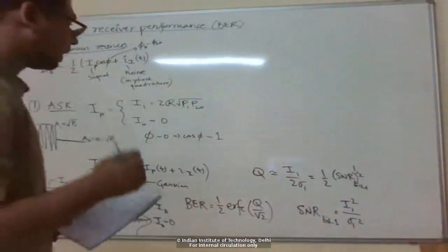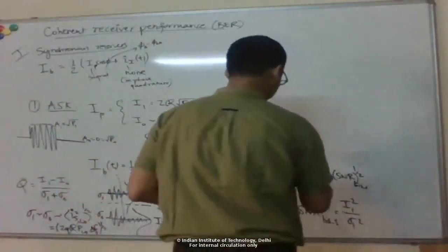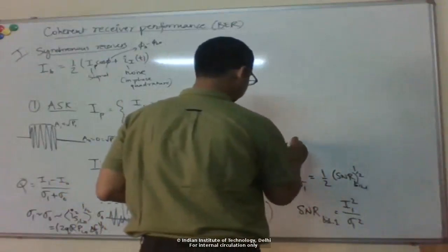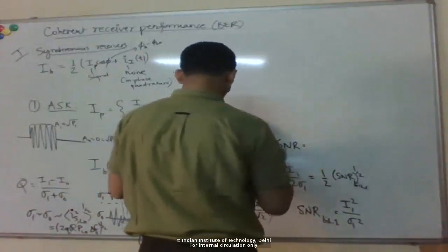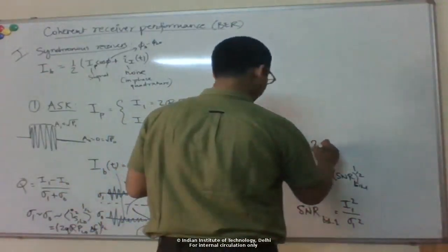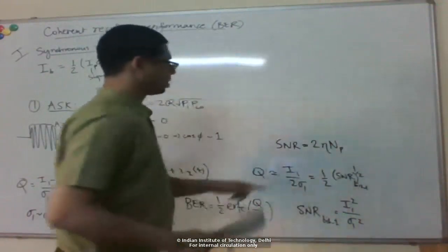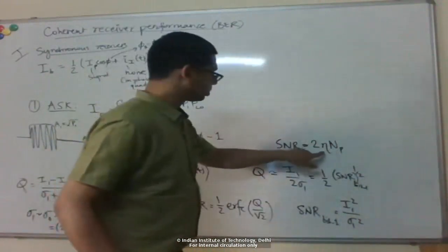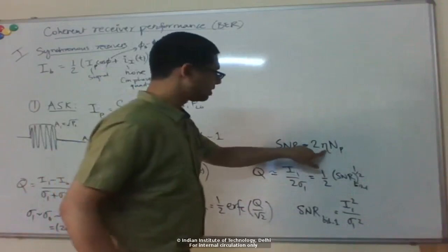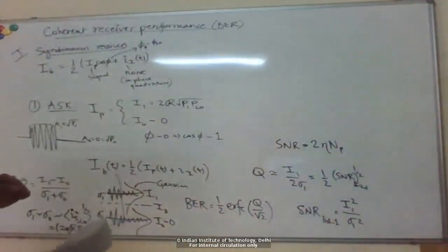So for coherent detection the SNR in the shot noise limit we could write as 2 times the quantum efficiency of the detector times the number of photons per bit, right?